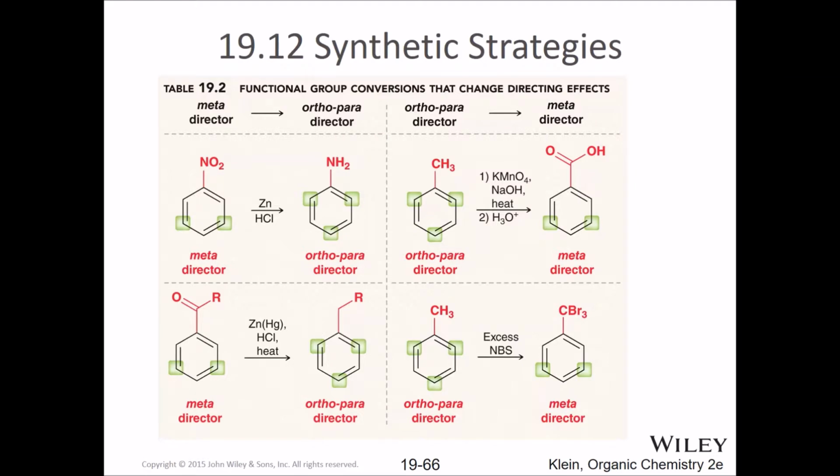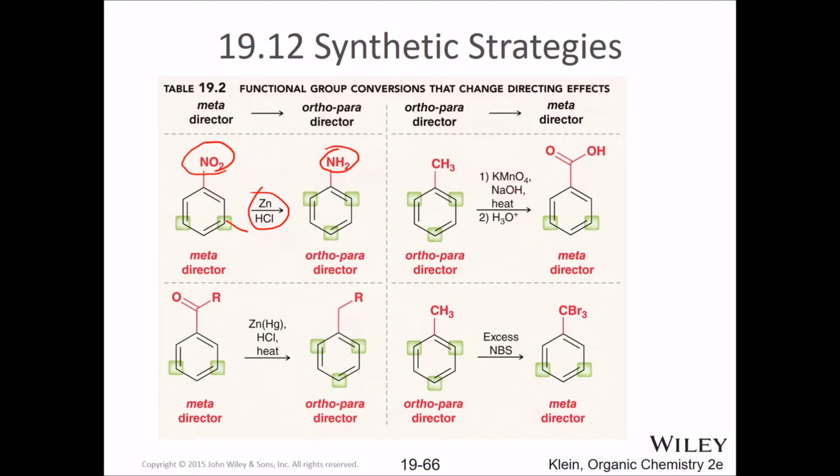So, for example, here's an example. You have an OP director here, right? And you have a meta director here, right? So I could put nitro on first. In the previous example, I could put nitro on, put something in the meta position, and then convert to amino by reducing with zinc and hydrochloric acid, right?